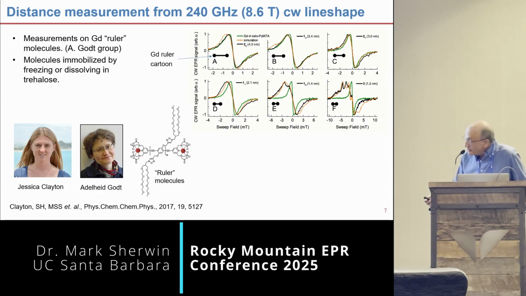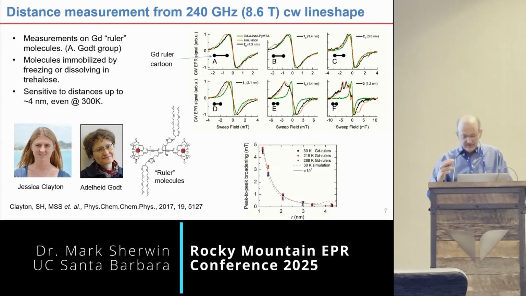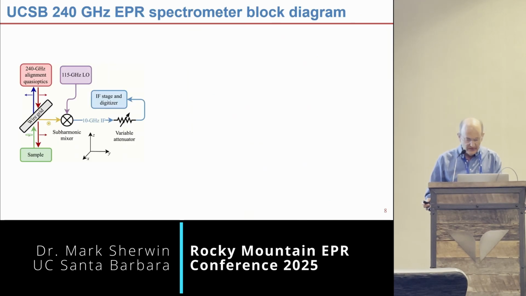And here are the spectra. The green is the monomer spectrum, the black is the data, and the orange is a Pake convolution simulation. These are very sensitive to distance, and they're distinguishable. We get distance sensitivity out to almost 4 nanometers for this spin label, even at room temperature.